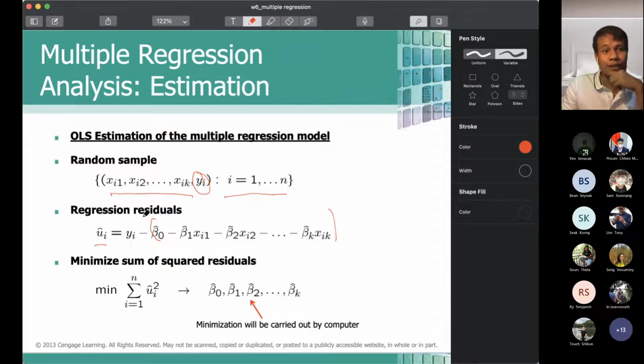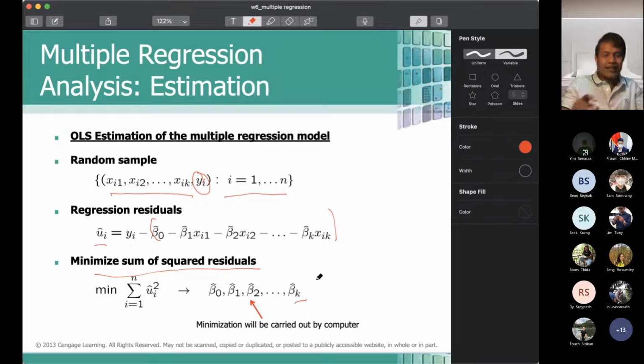It's very similar to the regression residual for simple linear regression, but for simple linear regression you only have one x. Now you have multiple x, and as you know, in order to find delta 0, delta 1, or delta 2 for all of them, we need to minimize this sum of squared residuals. All right. So when you minimize the sum of squared residuals, we will obtain delta 1, delta 2, delta 3 until delta k.